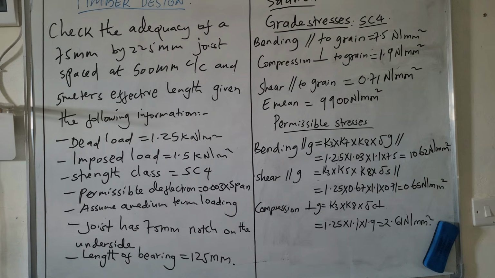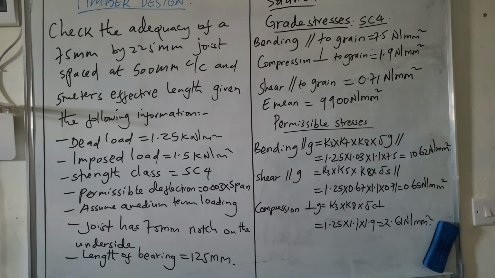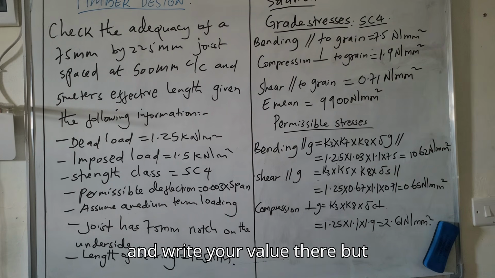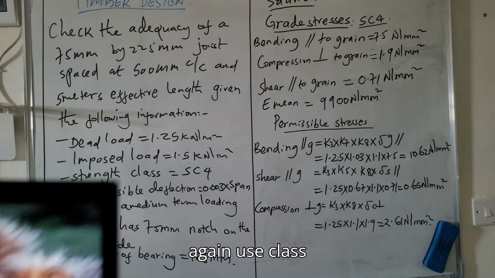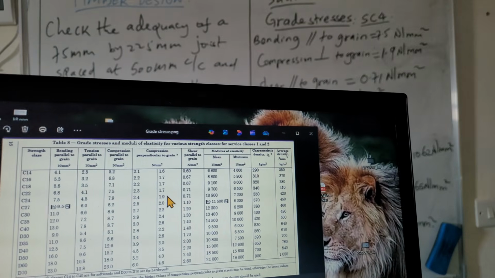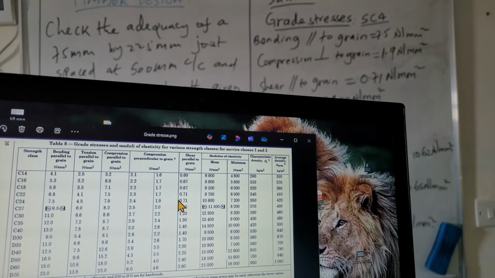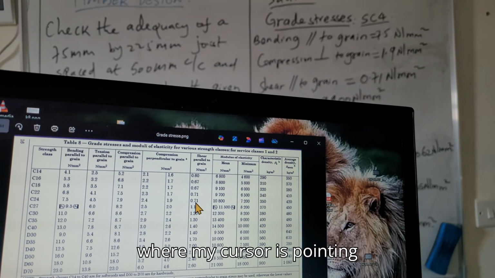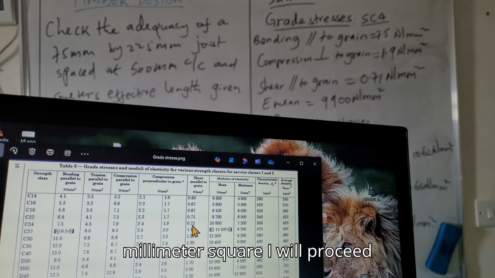And then we go to shear parallel to grain. Again, we will obtain this from the table of strength class 4 and write your value there. But for our case, I will again use class 24, the same class, to obtain shear parallel to grain. So shear parallel to grain, as you can see where my cursor is pointing, is 0.71 Newton per millimeter square.